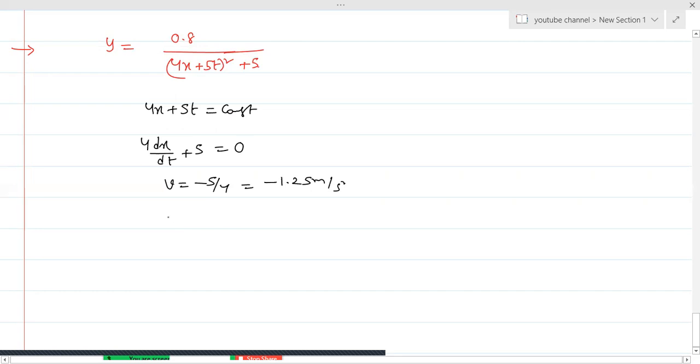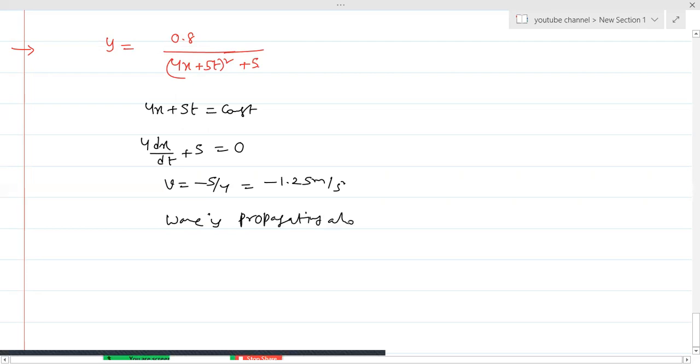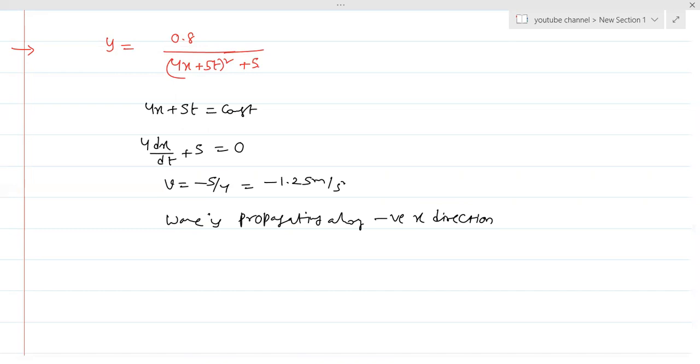So automatically the wave is propagating along the negative x direction.